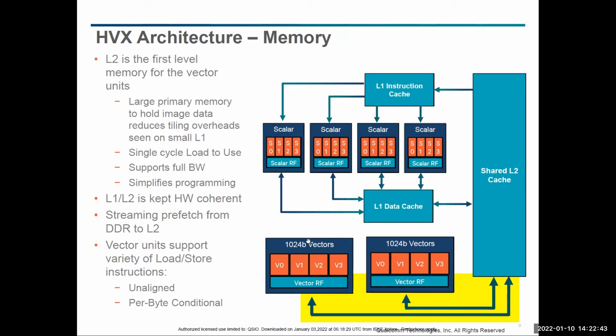The advantage is that in an ideal scenario with no cache misses, a single cycle load-to-use programming model is supported, which also augments full bandwidth usage of the HVX vectors.